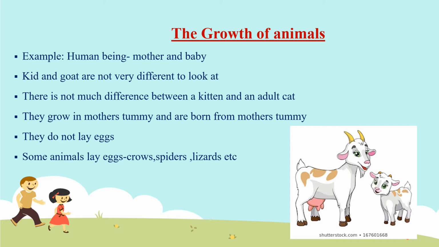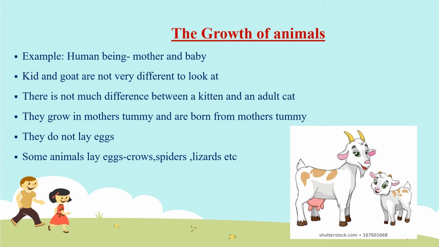There is not much difference between a kitten and a cat because they grow in the mother's tummy and are born from the mother's tummy. They do not lay eggs. Now, children, there are some animals which lay eggs and some animals which do not lay eggs.